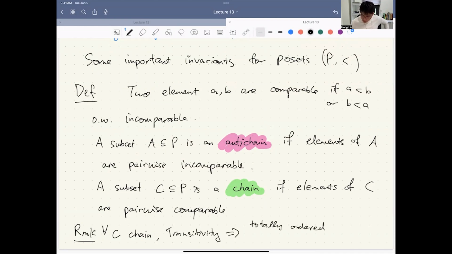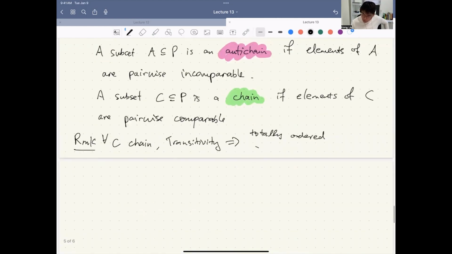We can order the elements in C. Suppose the elements of this chain are x1 to xr. We can totally order them.